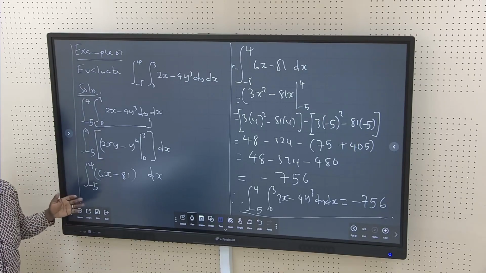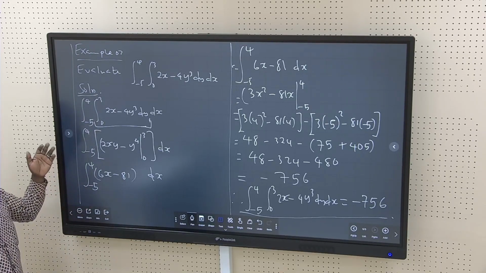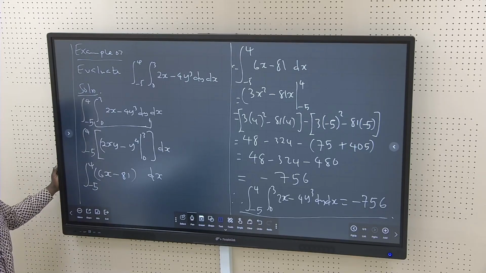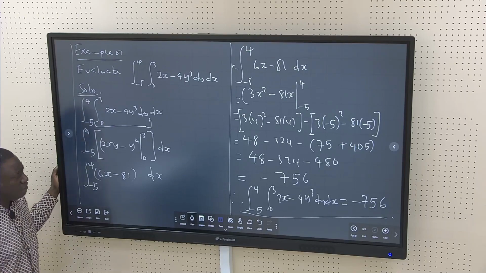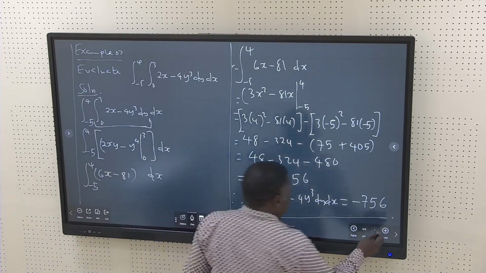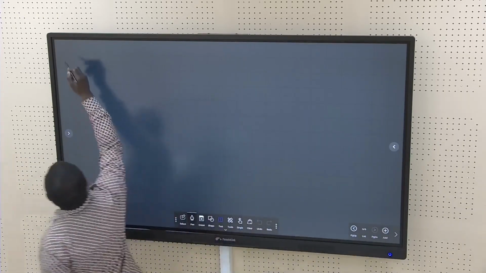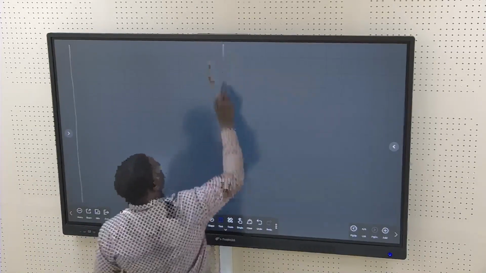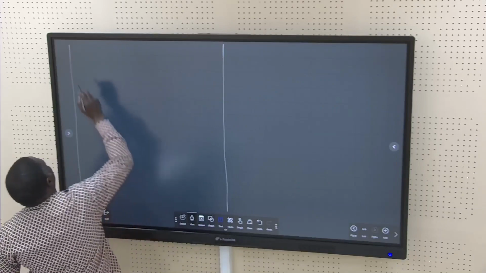So the same procedure is applied even to triple integrals, evaluating triple integrals in Cartesian coordinates. The same procedure. So let us see how we can evaluate triple integrals, but now in Cartesian coordinates.